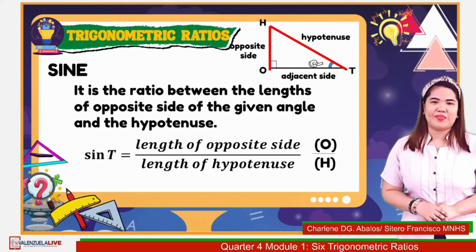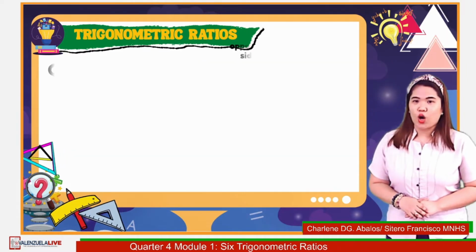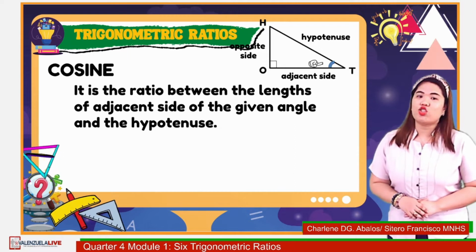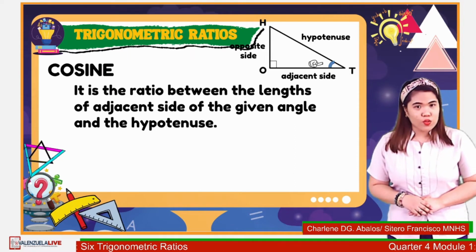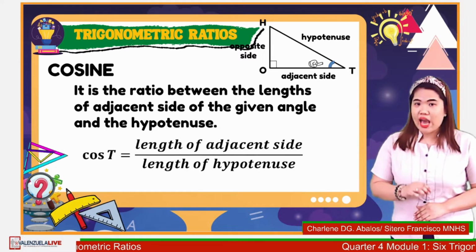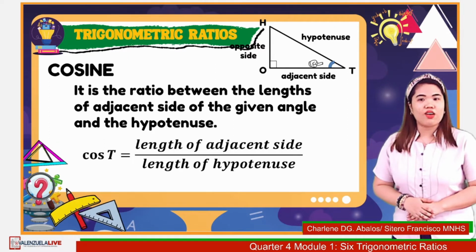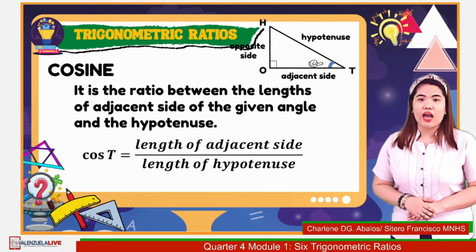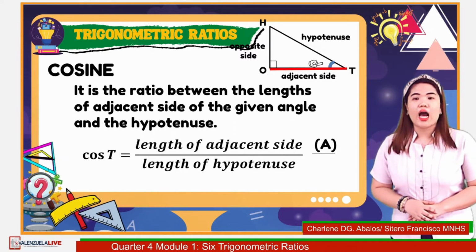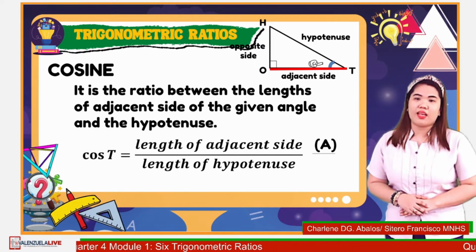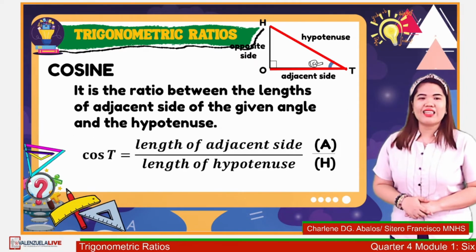Next, cosine is the ratio between the lengths of the adjacent side of the given angle and the hypotenuse. Therefore, we have cosine T is equal to the length of the adjacent side of the given angle, which can be represented as A, over the hypotenuse, which can be represented by H. Let's now have the tangent.